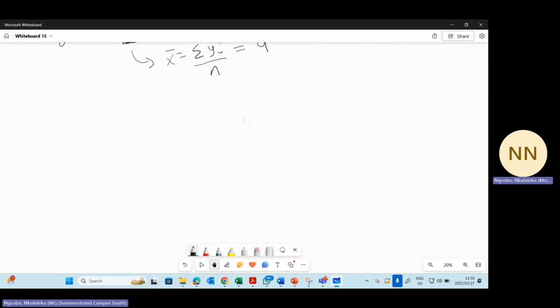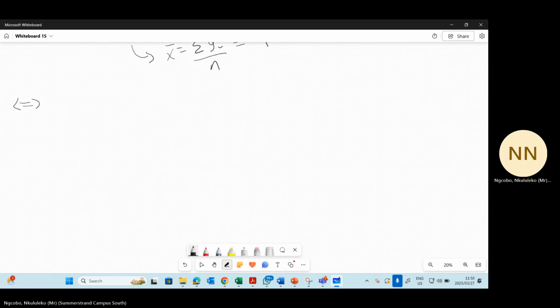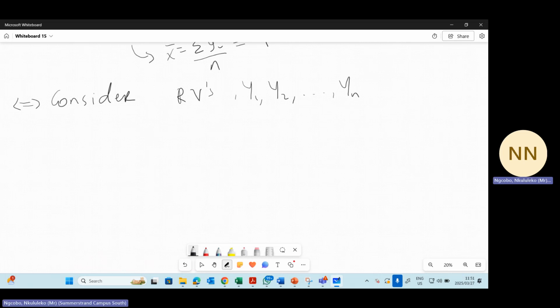So now let's consider random variables y1, y2, up to yn, and a function U, which is a function subjected to these random variables, right?